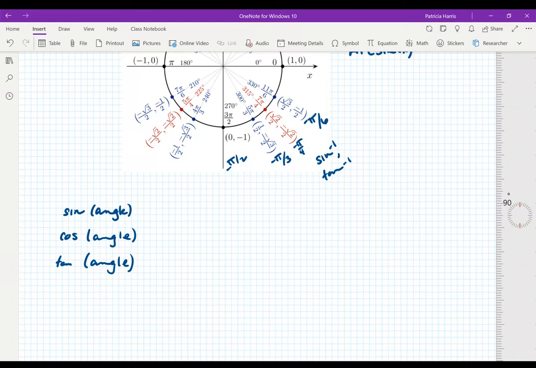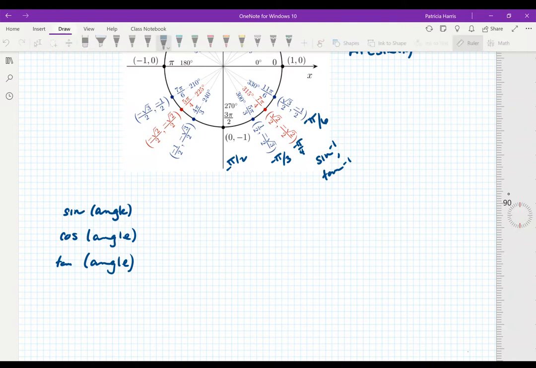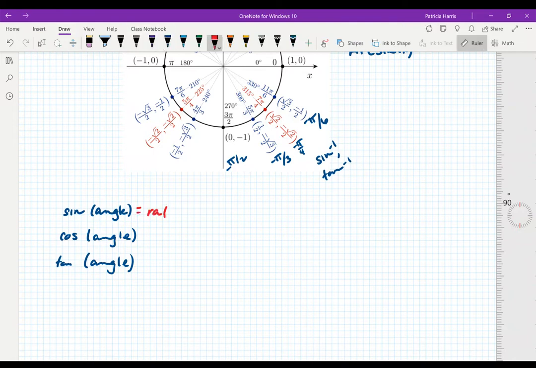What's sine of pi over 6? What's sine of 60 degrees? What's tangent of 45 degrees? And then your answer is some sort of ratio. It's 1/2. It's radical 3 over 2. It's 5 over 12. Something like that.